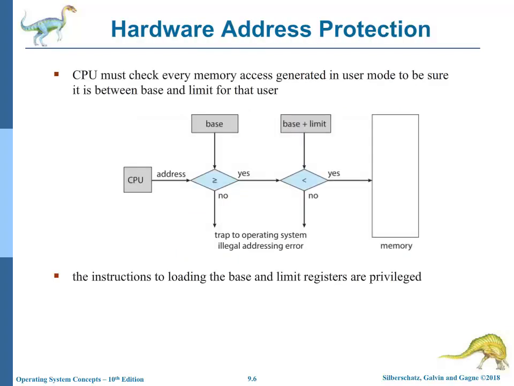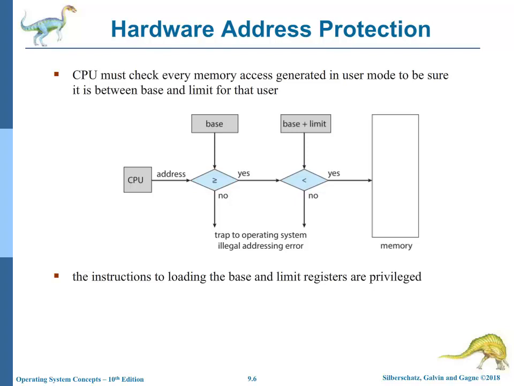The CPU must check every memory access generated in user mode to be sure it is between the base and the limit for that user. If the memory access is out of range, it will result in a trap to the operating system, which treats the attempt as a fatal error.